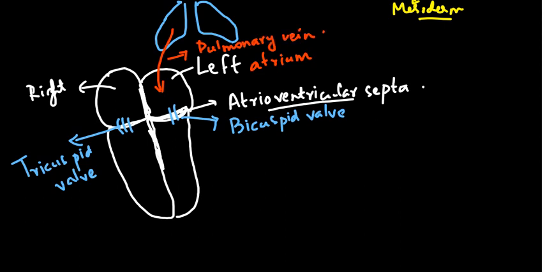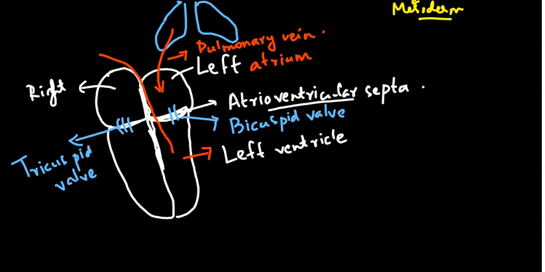And then the blood from the left atrium passes to the left ventricle. From the left ventricle, the oxygenated blood moves upwards through the aorta.